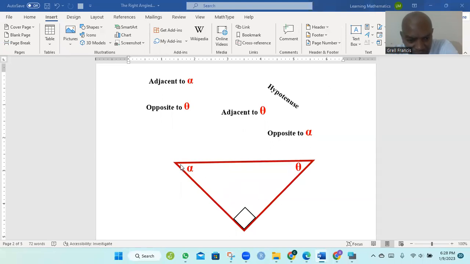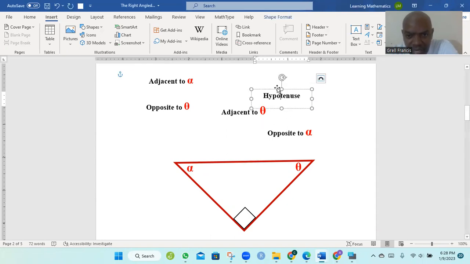This side connecting alpha and theta is called the hypotenuse, because the 90 degrees box is pointing towards it. So we're going to label this side the hypotenuse.